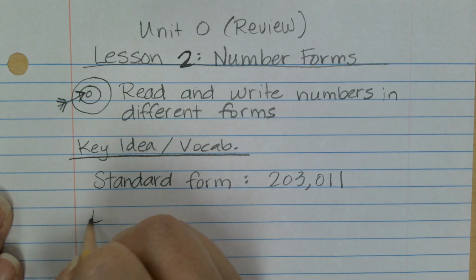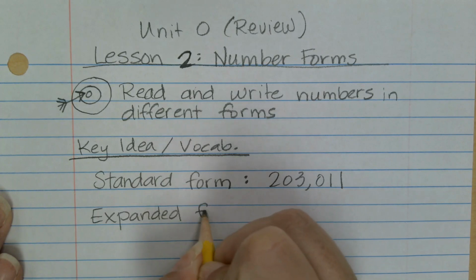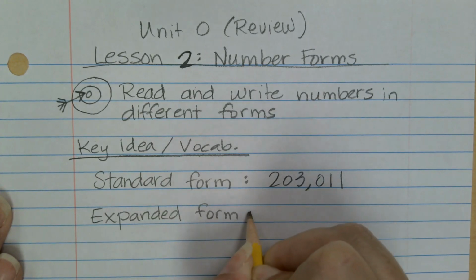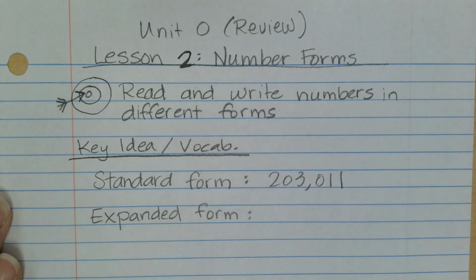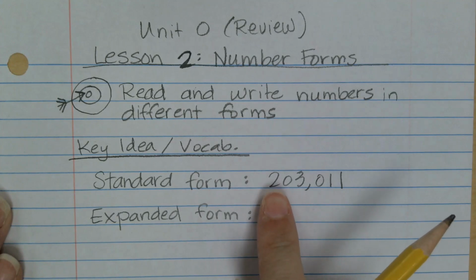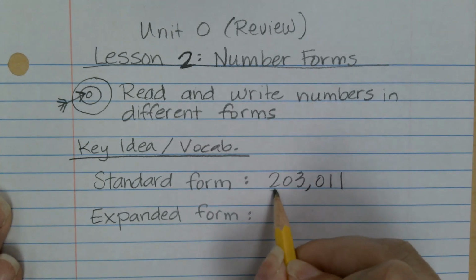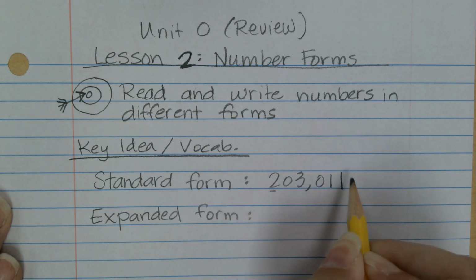And another kind of form we're going to use is called expanded form. And there's a few different ways that you can use expanded form and write things in an expanded form. Probably the most common way is to take the value of each digit and write it as a number, as in standard form. So for example, the 2 here represents 200,000.